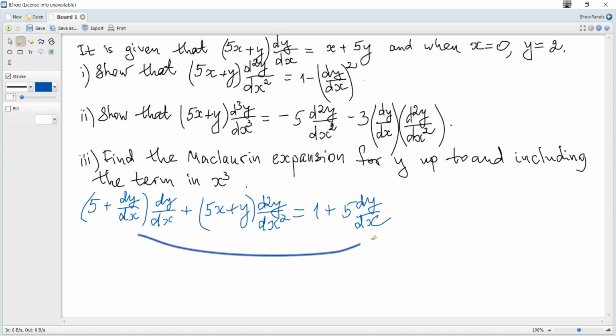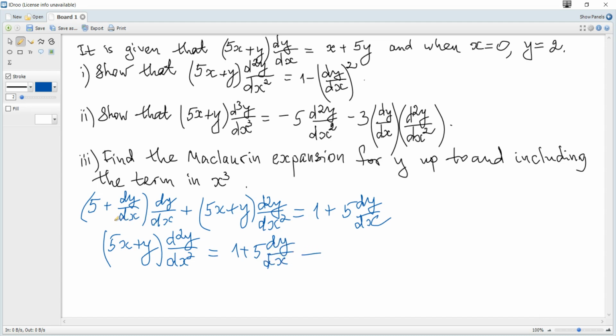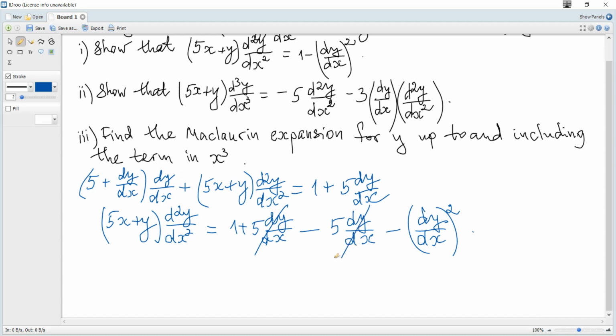And we just move this to the right and get (5x plus y) times the second derivative is equal to 1 plus 5 dy/dx minus, open parentheses, minus 5 dy/dx minus dy/dx multiplied by dy/dx. Notice that it's dy/dx squared, not the second derivative. Don't get confused. And we can see that it cancels and we get the result as required.